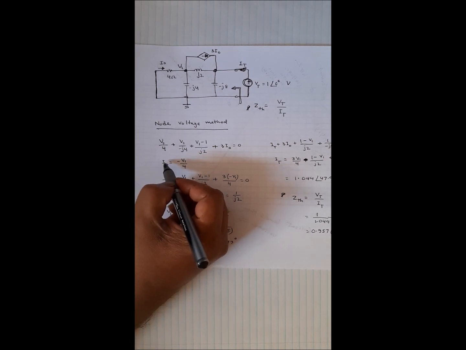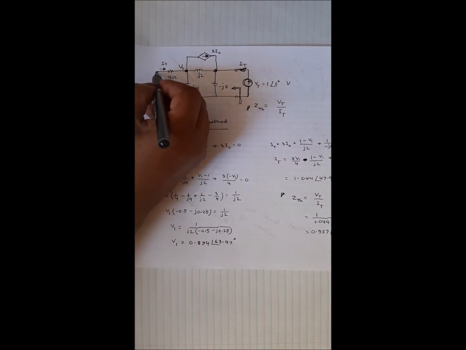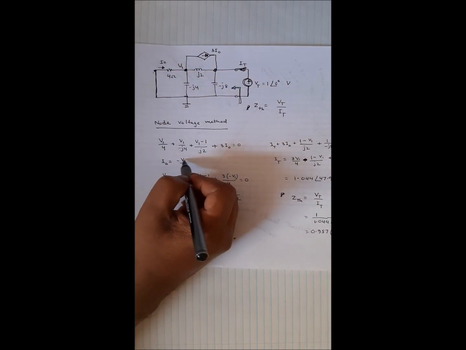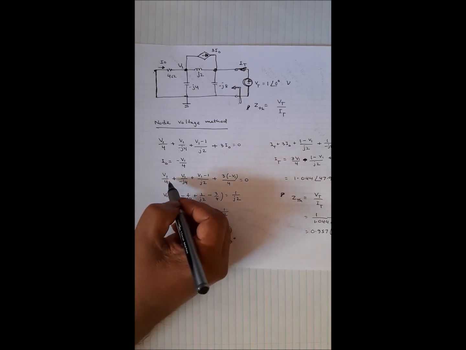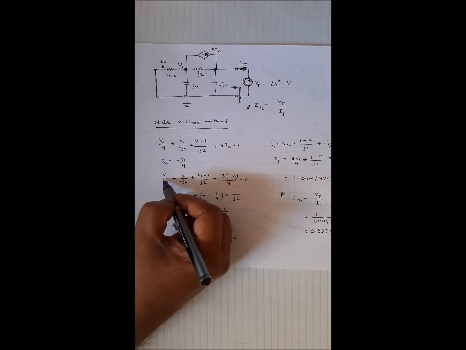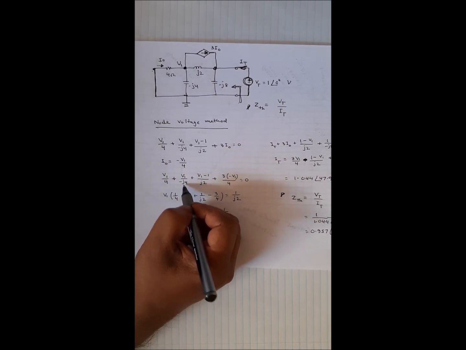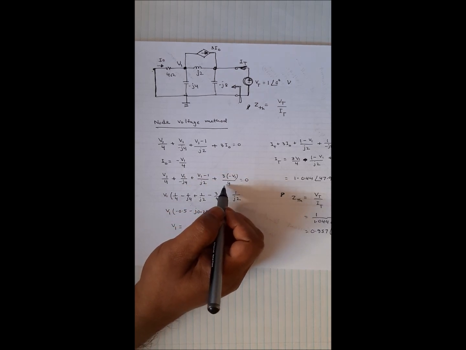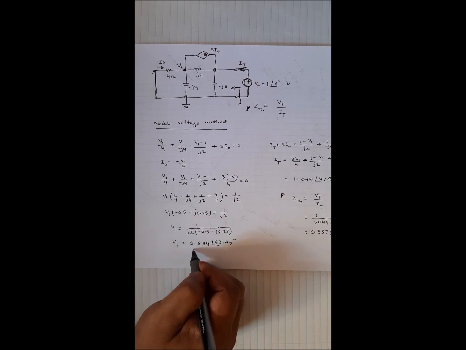And IO will be, this voltage is 0 and this voltage is V1. So it will be 0 minus V1 over 4, and this is IO. Now V1 over 4, J V1, V1, and I replace this IO. Then I solve for V1, and V1 is this.